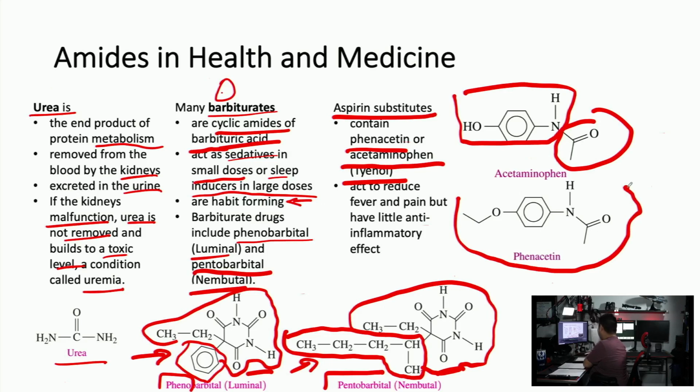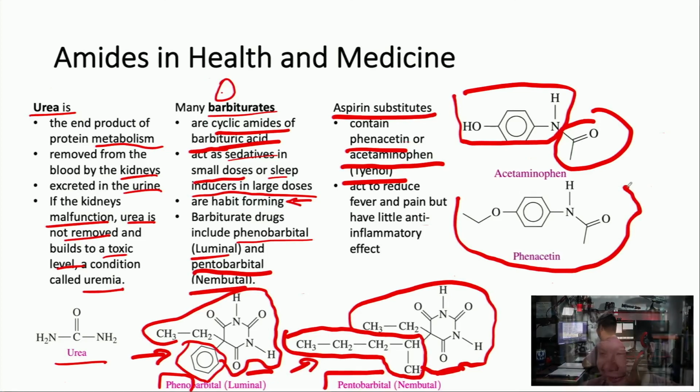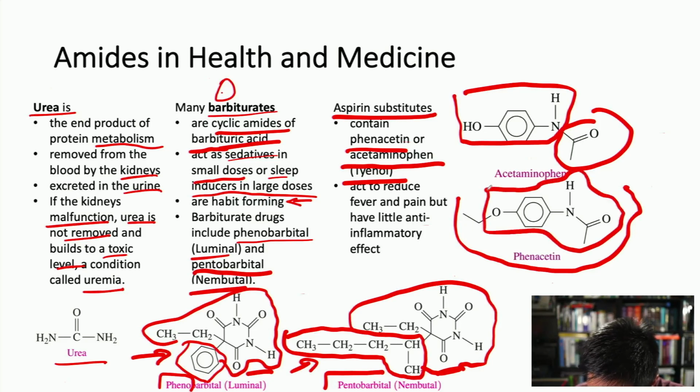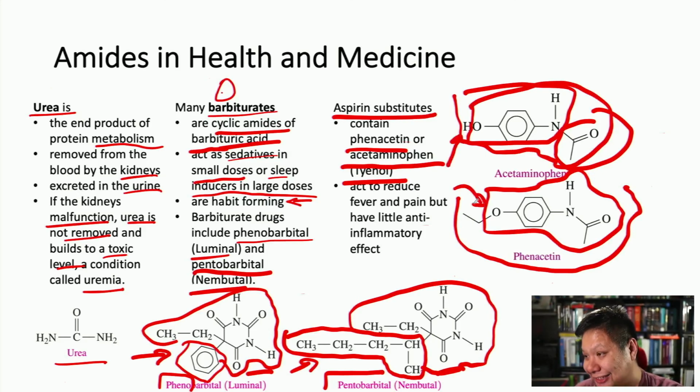So of these aspirin substitutes, what do you think is the main structure that's the most important here? And what's the substituent structure that gets changed by the organic chemist or the drug developer to see if it can get a better effect? Well, the important part could be from here to here, and then the only thing changing is the R group connected to the oxygen, which is also known as an ester.